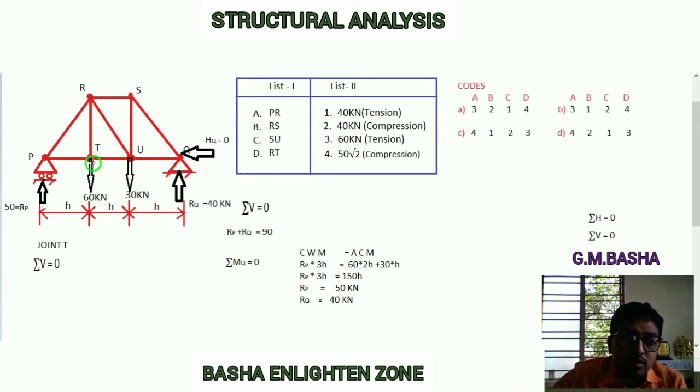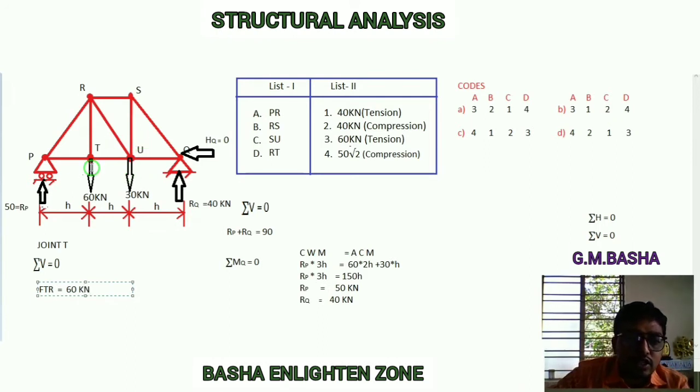That is the reason there will be only one vertical force and 2 horizontal forces. If I want RT, there will be one RT member. How much will you get? RT value will be equal to 60 kilonewton, already acting here. If I assume the direction upwards, which is tensile, therefore RT will be equal to that 60. So the force in the member TR will be equal to 60 kilonewton. I hope you understand what I am saying here.